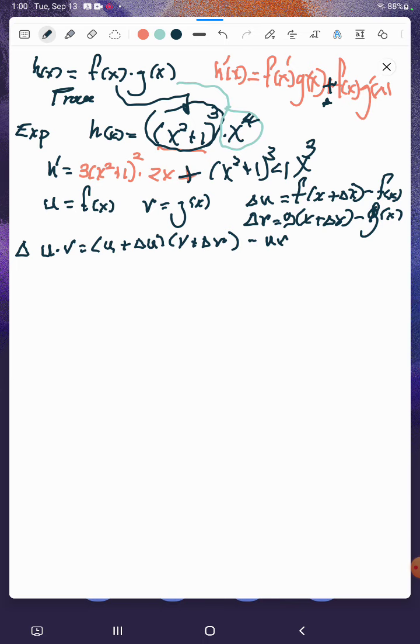So I'll show you that the total change in U times V is going to be this times that, right?